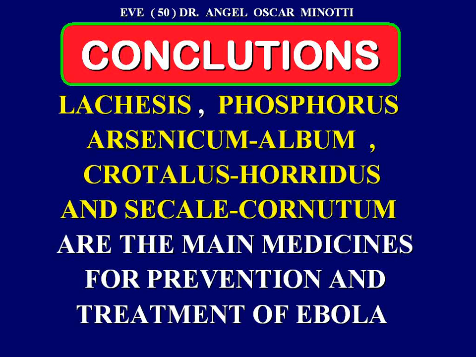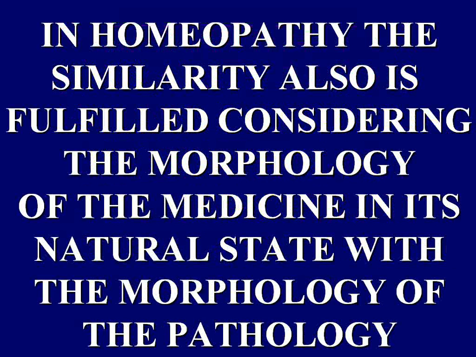Conclusions. Lachesis, Phosphorus, Arsenicum album, Crotalus horridus, and Secale cornutum are the main medicines for the prevention and treatment of Ebola. In homeopathy, the similarity also is fulfilled considering the morphology of the medicine in its natural state with the morphology of the pathology.